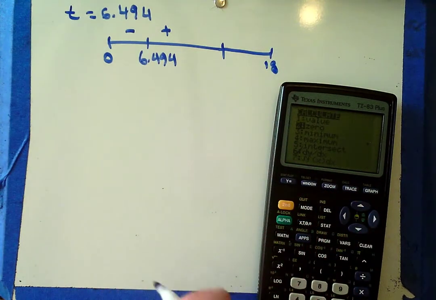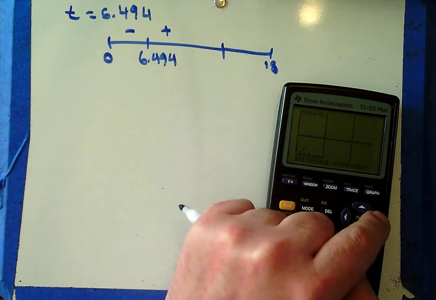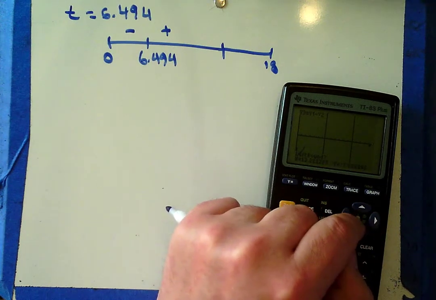Second, calculate zero. Values are coming down finally.